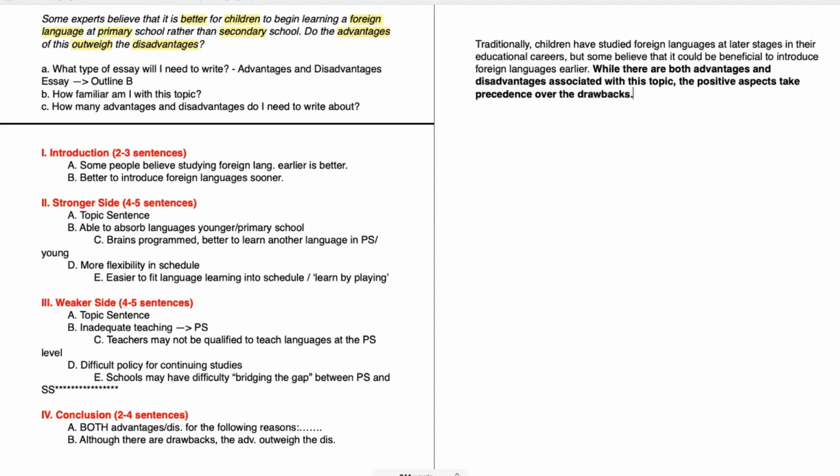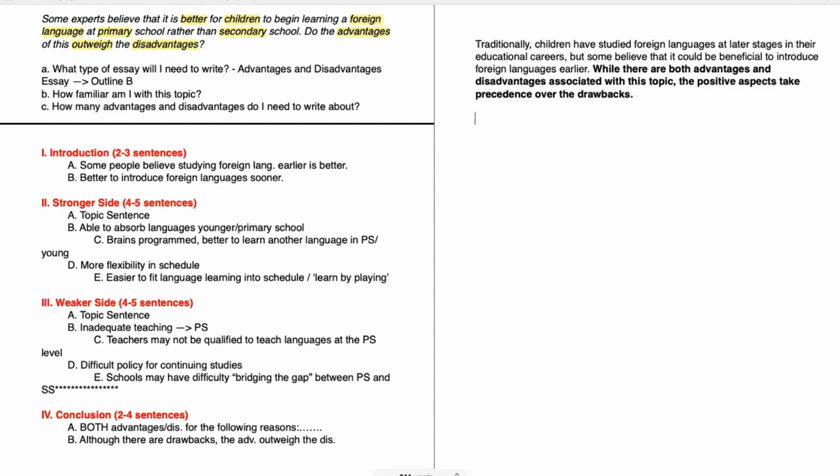And this is great because I've used various synonyms. I haven't always relied on advantages and disadvantages. I've talked about what is positive and also drawbacks, which is another great way to say disadvantages. So I'm saying that while they both exist, my 2 points, the positive outweigh the disadvantages.